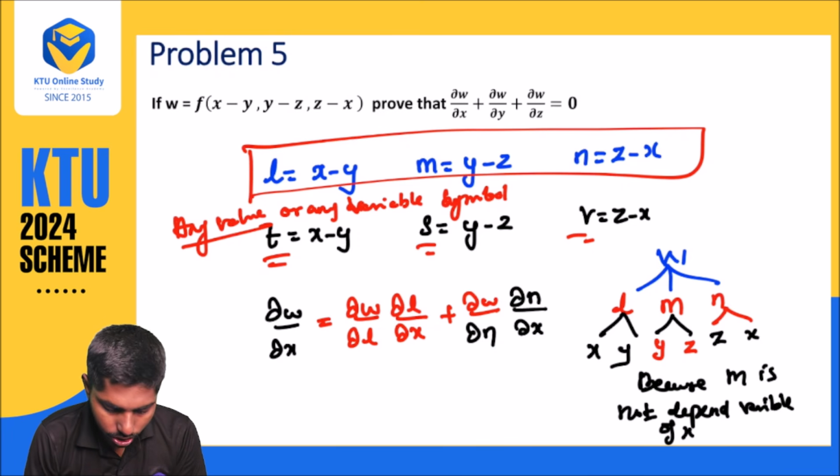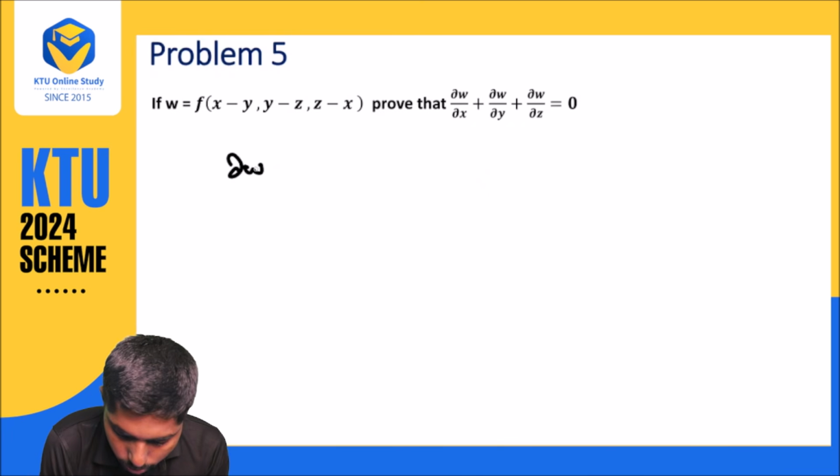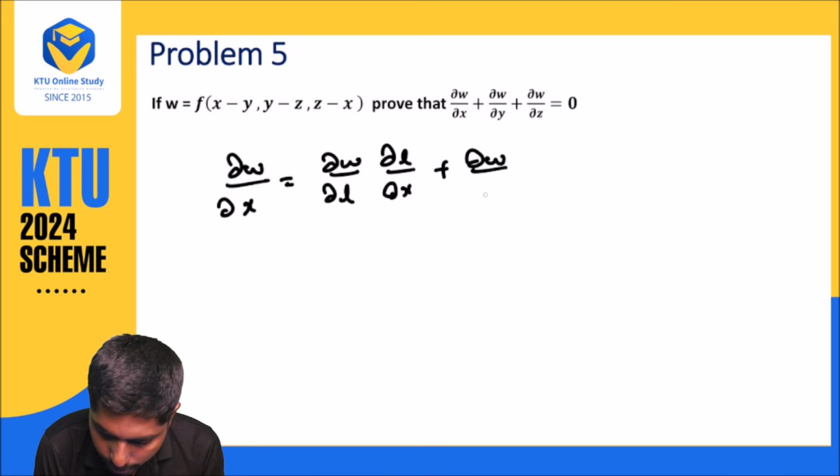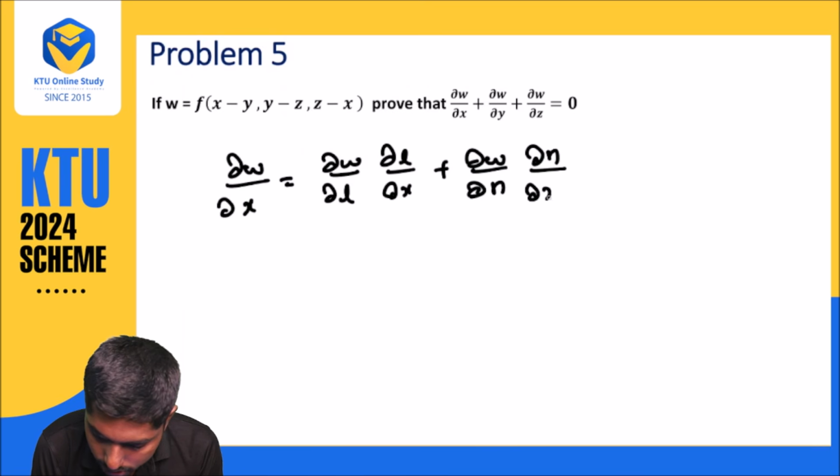So our formula is dou w by dou x equal to dou w by dou l into dou l divided by dou x plus dou w by dou n into dou n by dou x. This is our formula.